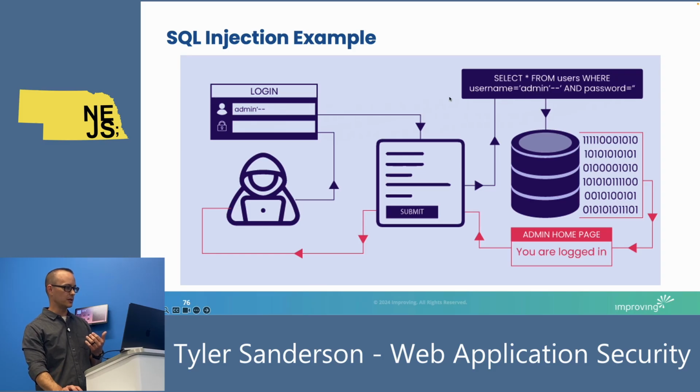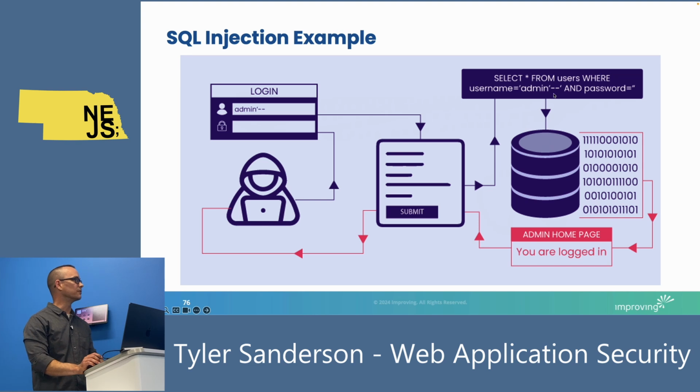So now the query just becomes select from users where username equals admin. It doesn't validate the password anymore, and now the user's logged in. So that's a simple one where the user injected some code to alter the query. So now it's no longer safe to run, and they're able to log in as admin.